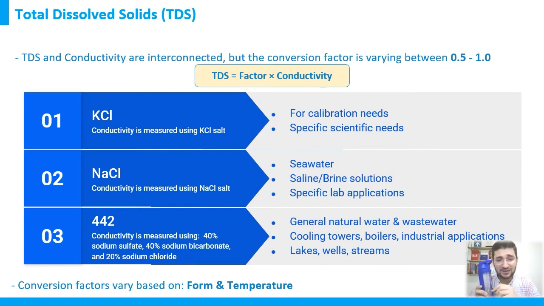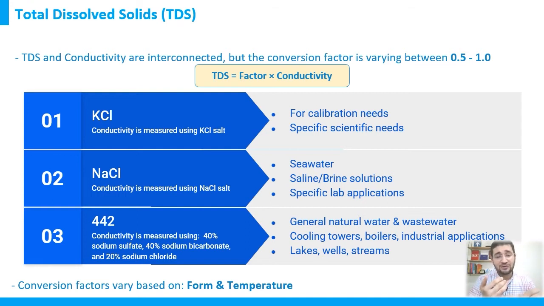Another 40% is represented by sodium bicarbonate, NaHCO3, and 20% of the salts exist in this water as sodium chloride, NaCl. So it's a wider range of anions. Mainly sodium is the cation, but with different types of anions. This type of measurement, 442 or natural water, we use for natural water.